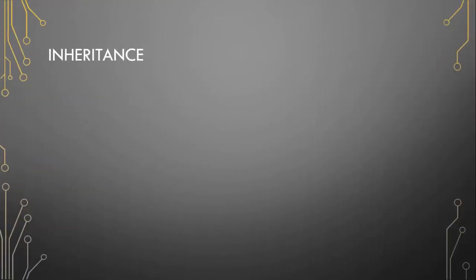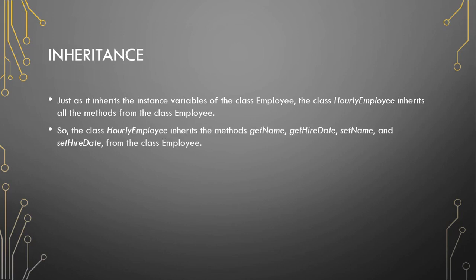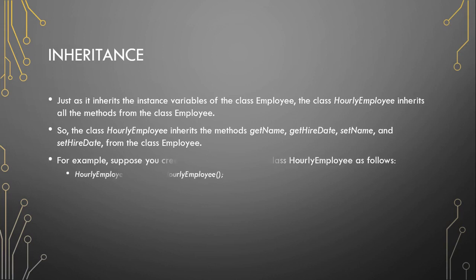All right, so let's continue talking about inheritance. Just as it inherits the instance variables of the class Employee, the class HourlyEmployee also inherits all the methods. As I already pointed out, there are no methods that correspond from one to the other. So the class HourlyEmployee inherits the methods getName, getHireDate, setName, setHireDate, all from the class Employee.